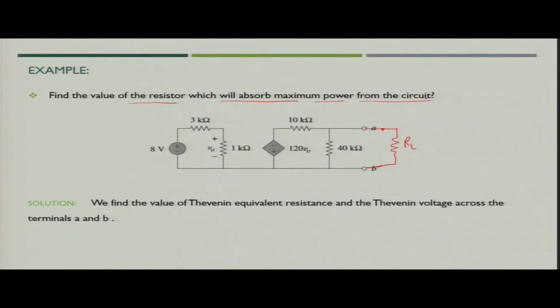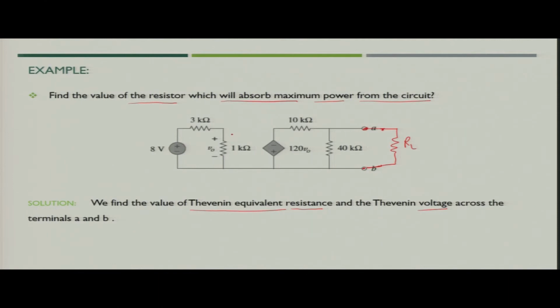So, what we have to do? We have to first find the Thevenin equivalent, that is the Thevenin equivalent resistance as well as the Thevenin voltage across the terminals A, B. So, what will we do first?